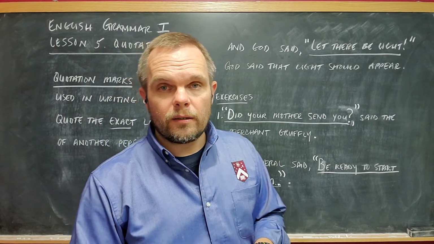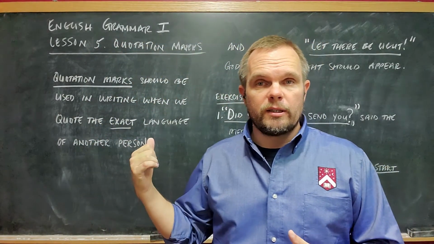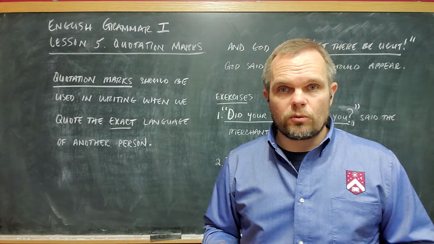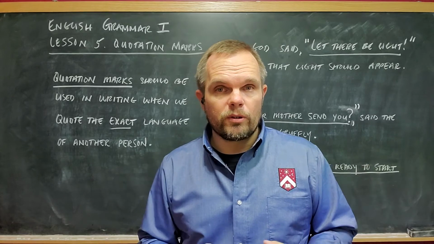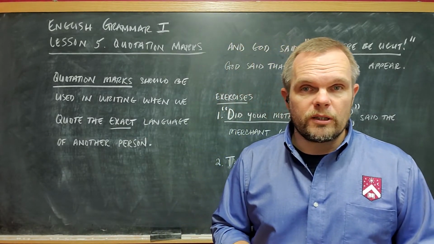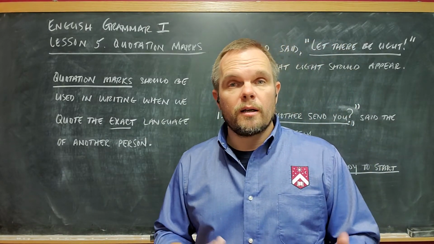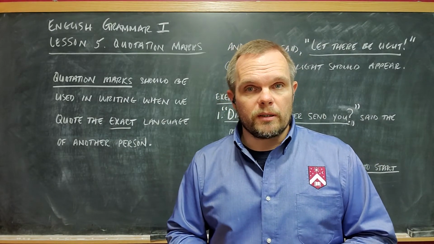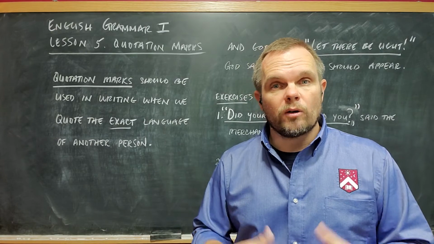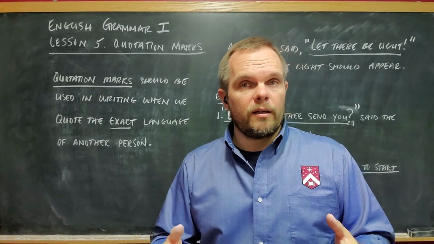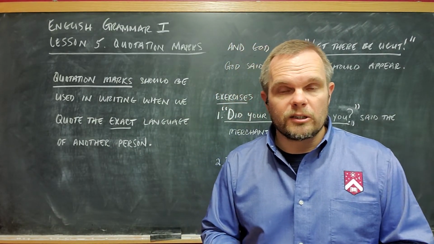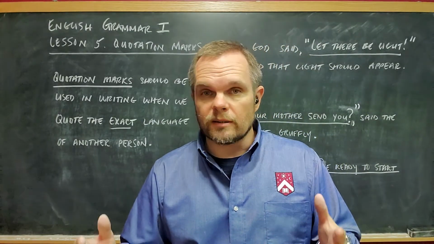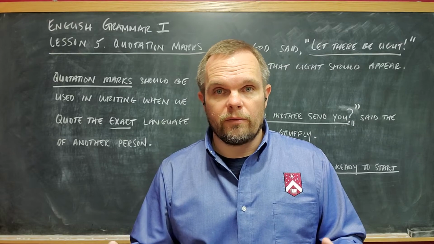One last thing, now that you learn about quotation marks, when you're reading books, pay attention to quotation marks, because now you understand what they're for. When you see those quotation marks in a book, you know that the exact language of someone is being quoted, all right? And also look for examples where something that someone said is being spoken of, but there are not quotation marks because it's not the exact language of the other person.